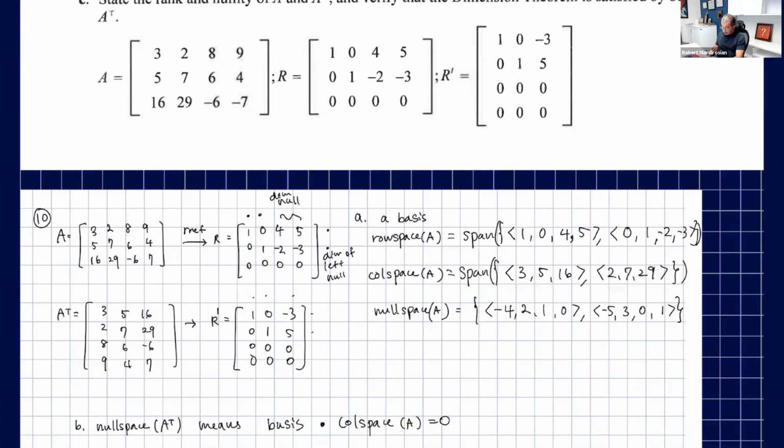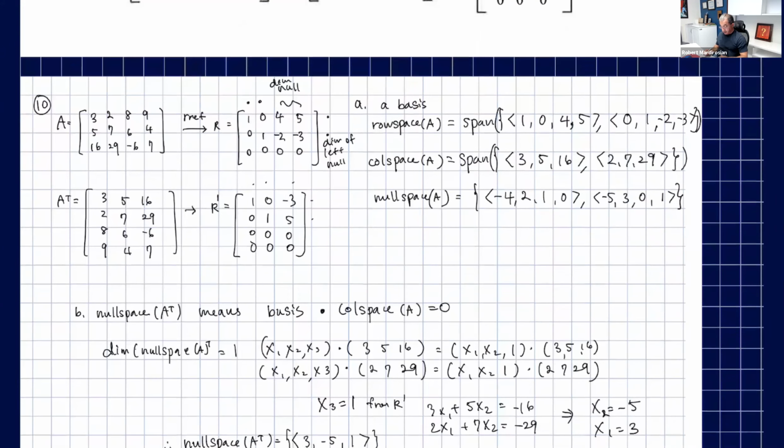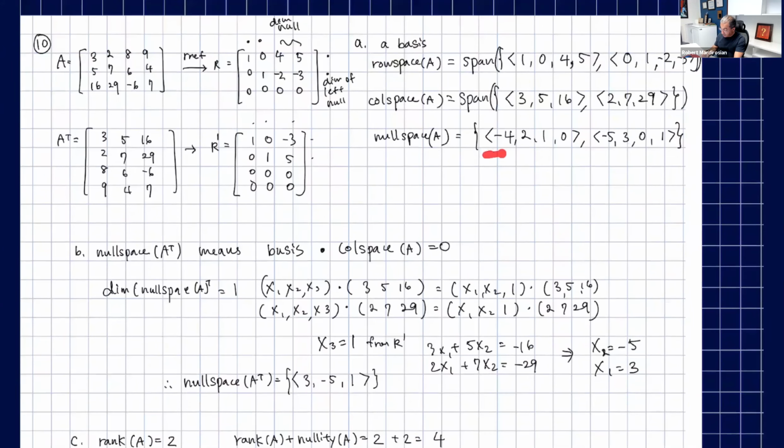Then for the null space, you go to the RREF and solve. You can call this x1, x2, x3, x4. Rewrite the system, and we have two non-pivot columns, so x3 and x4 are going to be our free variables. Solve it, and you get these two vectors.